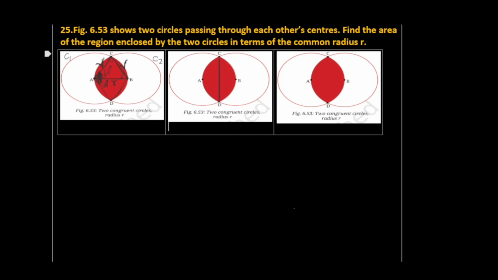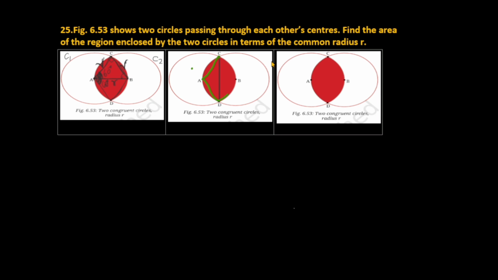Now we can see a sector. Joining AC and AD encloses the arc DBC, this is the sector. In that sector, we can find this segment.